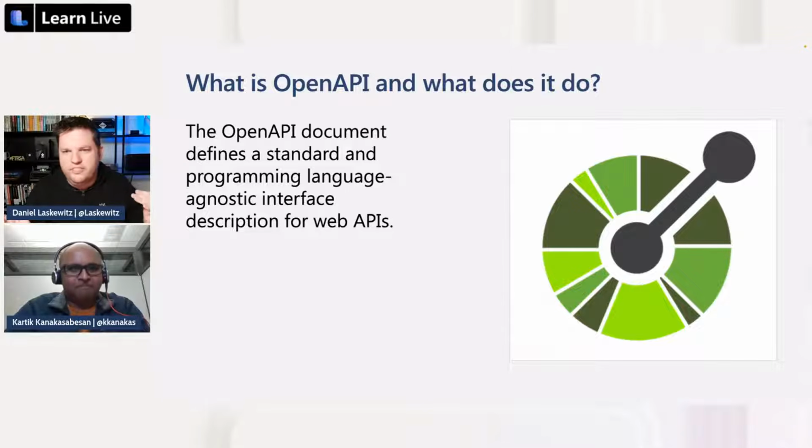It shows all the different operations within your API and all the responses, the requests, etc. Right? Exactly. OpenAPI has been around for a little while. People can also recognize it as Swagger, because that was the earlier name, I believe.